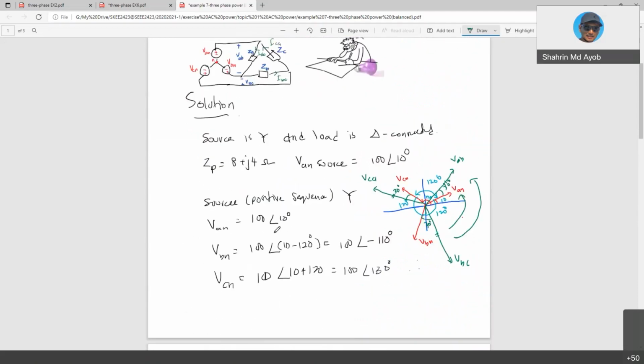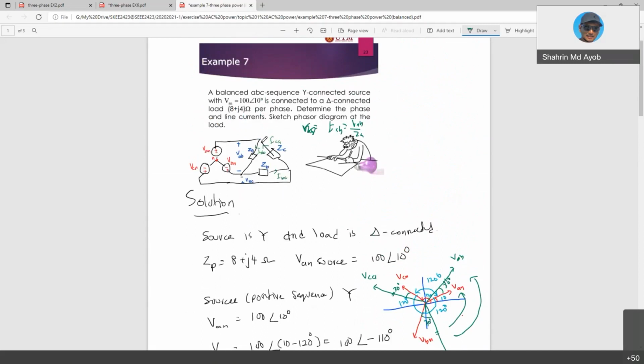Okay, and to calculate your phase current, IAB, this one is your phase current. Right now at the load side, you have IA, IB, and also IC. IA, IB, and IC are I line, while IAB, the current that flows from this node to this node, is your I phase.